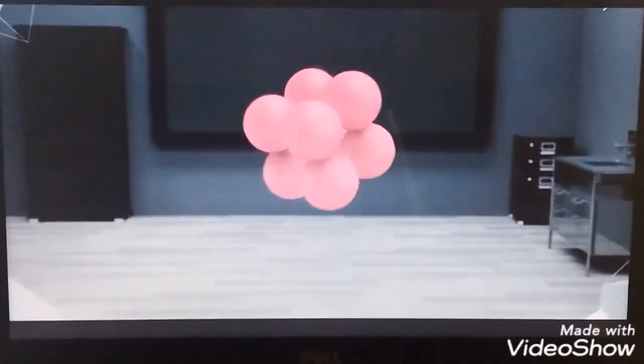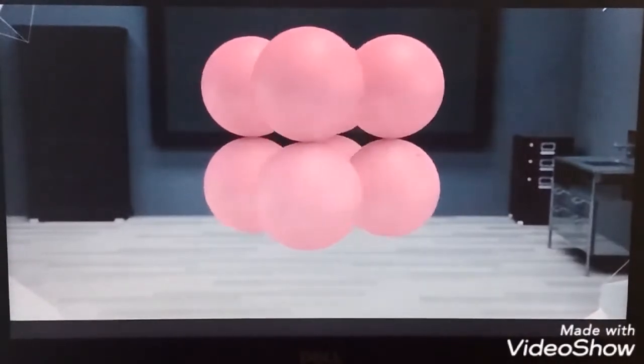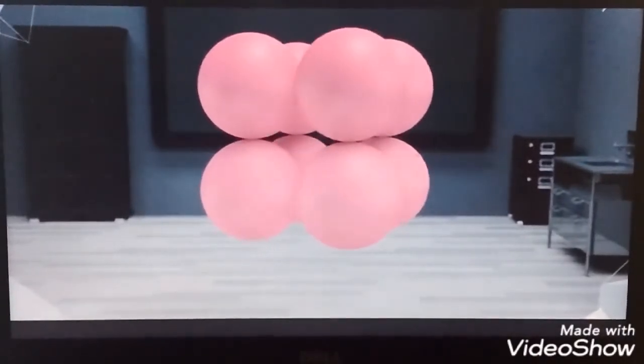Packing efficiency of a metal crystal in a simple cubic lattice. In a simple cubic unit cell, the 8 atoms or particles or spheres occupy the corner positions.